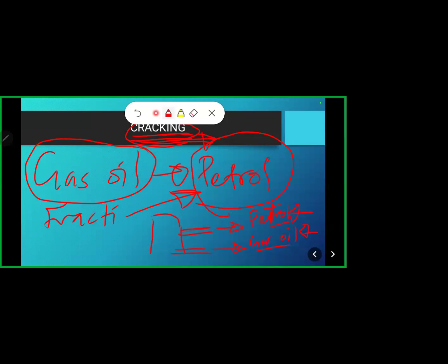To get the required amount, we'll need to use cracking, because fractional distillation gives us only about 20% of petrol. So 20% is really too small. We need to increase this percentage by cracking the gas oil to give us the petrol.